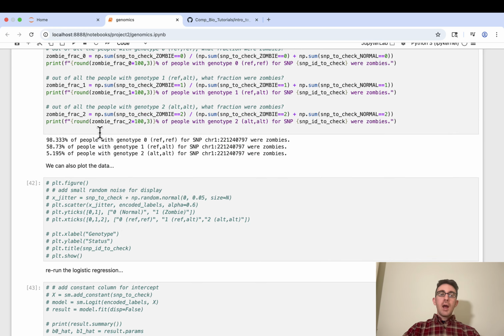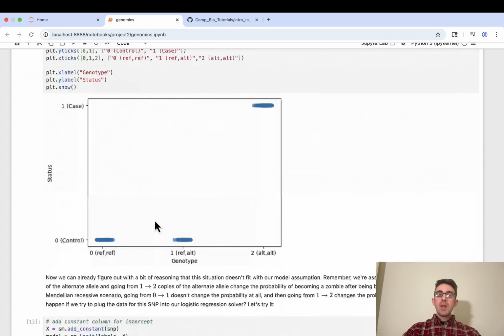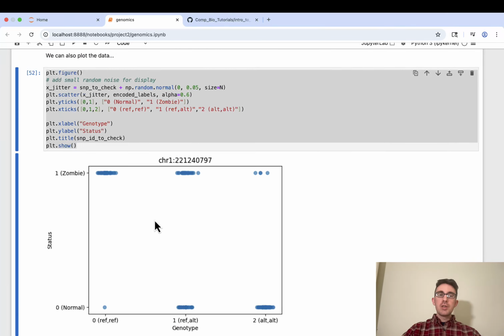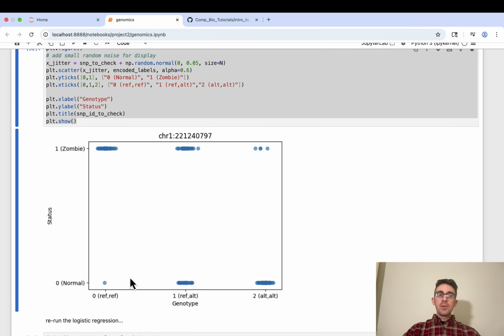We can make this plot now for this particular SNP of interest, where we can plot on the horizontal axis the genotype, 0, 1, or 2 copies of the alternate allele. And then for each of these genotypes, we can plot with these little dots how many people were normal with a 0 and how many people were zombies with a 1.